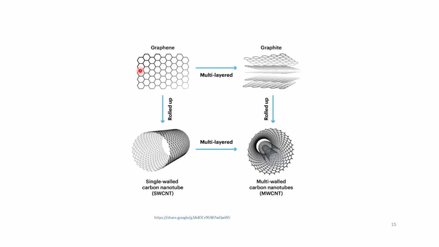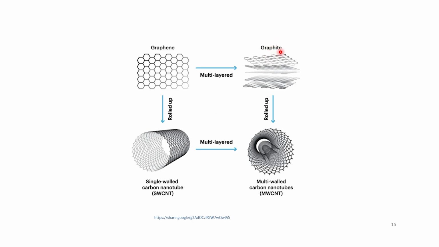That is a graphene sheet, a two-dimensional nanomaterial. That is a multi-layered graphite formed from the graphene. So you can see how a 2D structure is converted into 3D. This can be rolled up into a single walled carbon nanotube. That is how nanotubes are formed. When you roll up a graphene sheet, you obtain a single walled carbon nanotube.